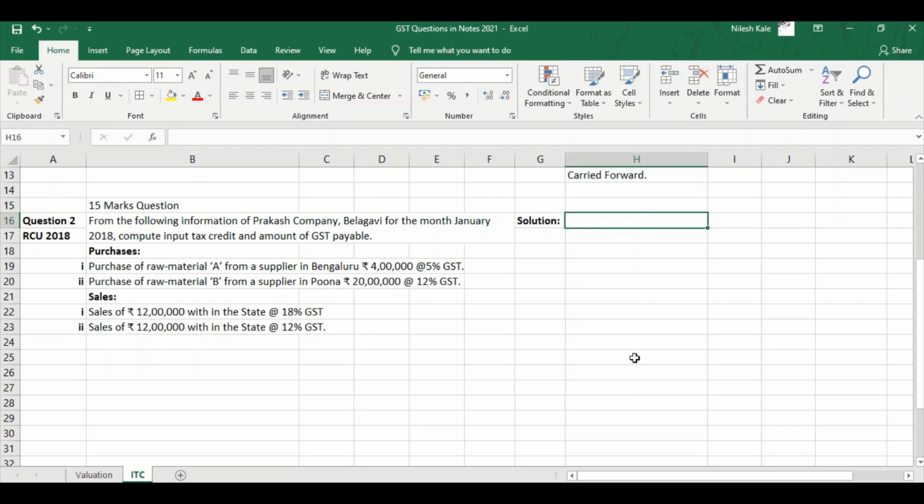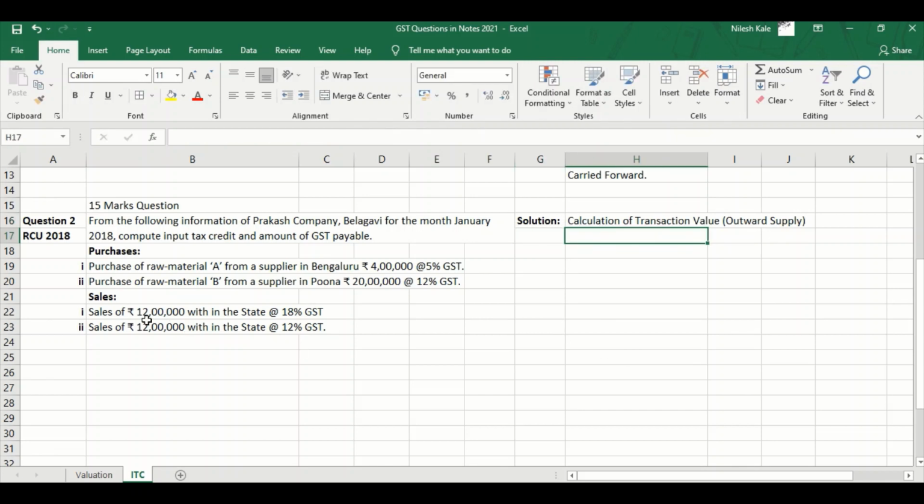So let us start with the output tax liability first. Calculation of transaction value, which is your outward supply.